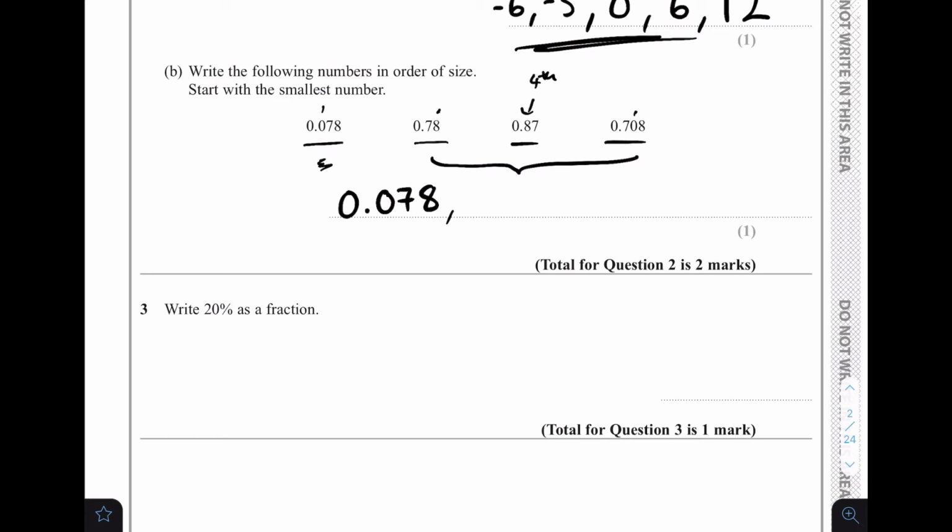Here we have 0.78, and on the last one we have 0.708. 0.78 is larger than 0.708 as we have a larger number in the second place after the decimal point. So we can put 0.708, then 0.78 as the third highest, and then 0.87 as your largest, and that's the answer here.